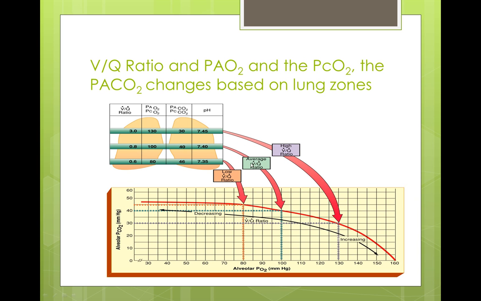If we looked at the average, which is what we would consider a normal blood gas, 7.40, 40, and 100, this is what we would expect to get if we were looking at a normal blood gas, and the interpretation would be a normal acid-base balance. If we use that as our baseline, as we move to the low VQ areas, which is down in the base, we become more acidic, we retain more CO2, and the oxygen level's lower.